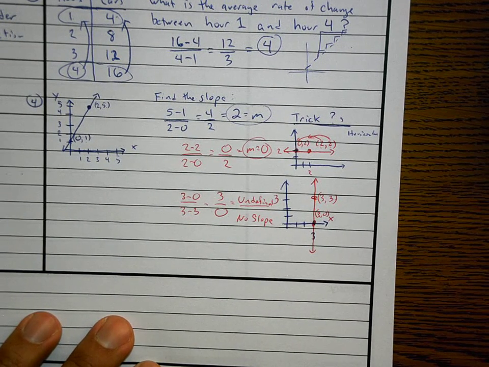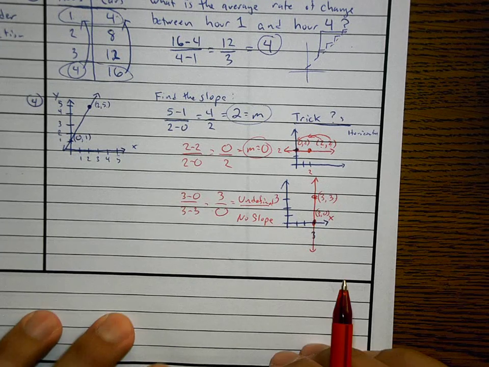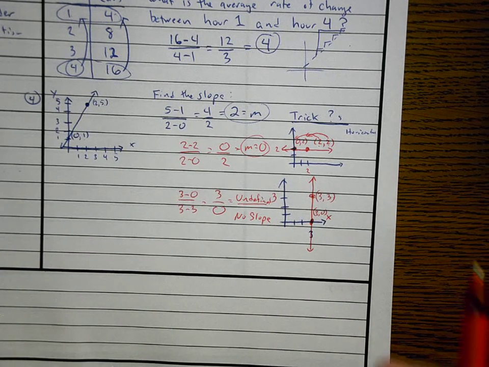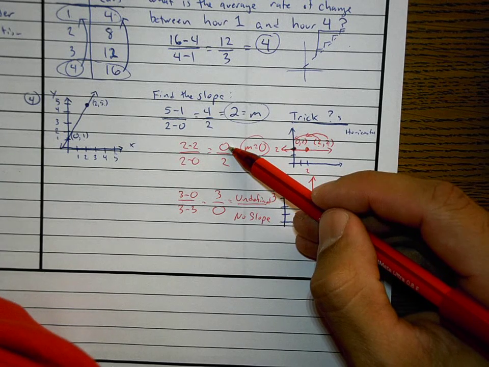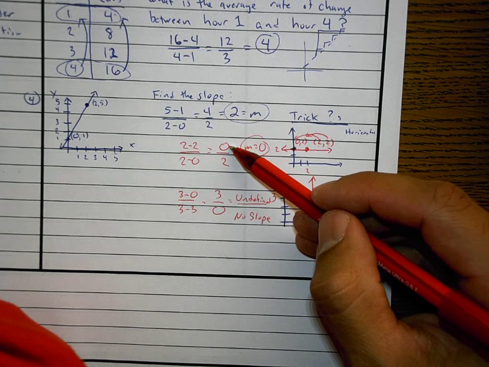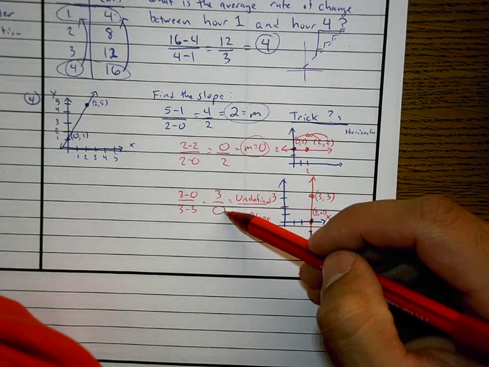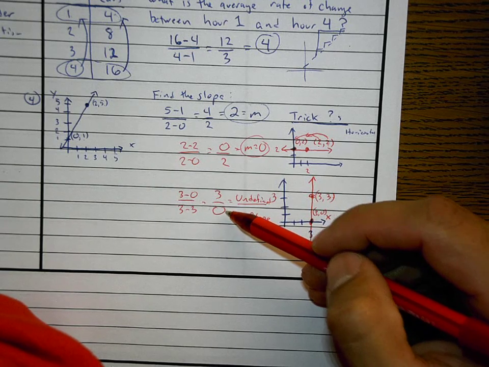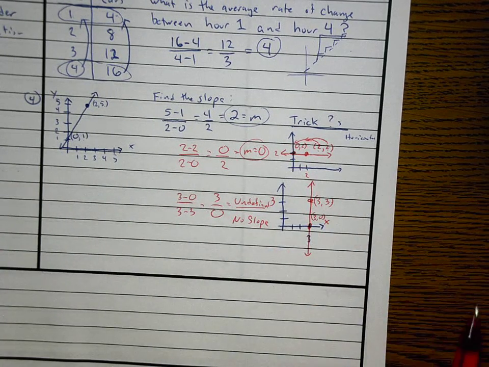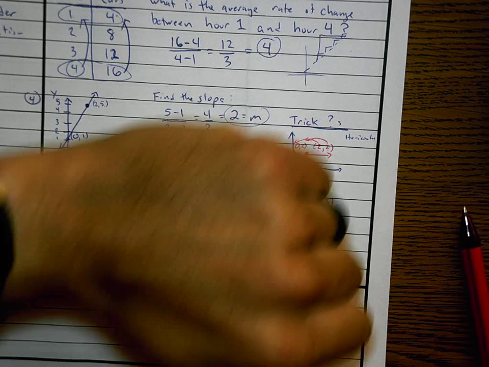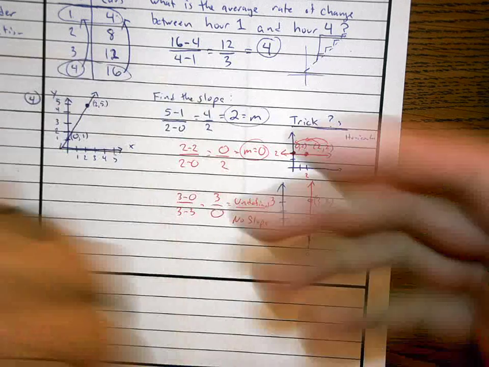I had a fellow teacher that told me an easy way to remember this. 0 on top is okay. 0 on bottom is no way. I don't know if I can show it in the recording, so I'm going to do it live for you.